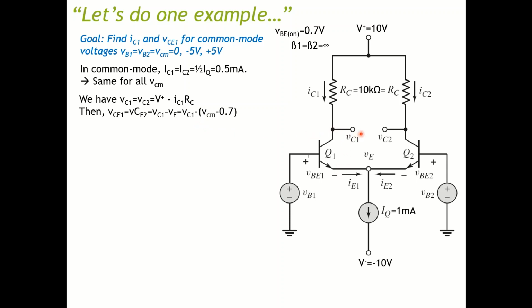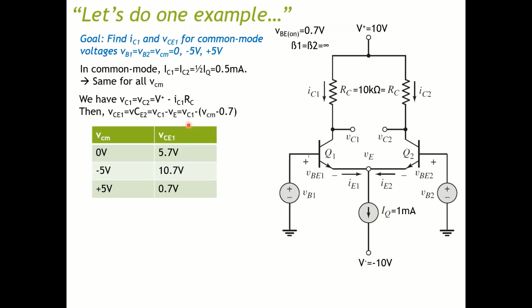Basically I would use VC1 minus VE, and I know that VE will be equal to VCM minus 0.7, which is VBE on. So now I can plug this equation in here, and you can use Excel, MATLAB, or whatever you feel comfortable with. You can calculate your VCE based on VCM, right? So you have all of your numbers.